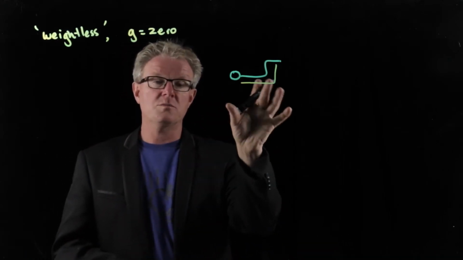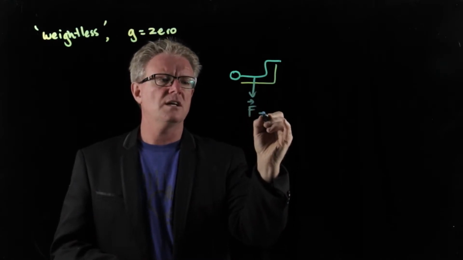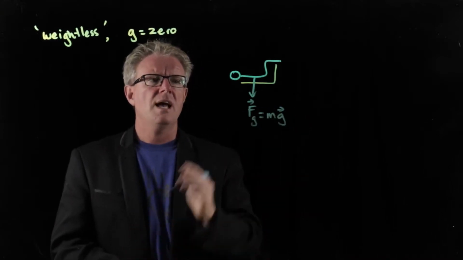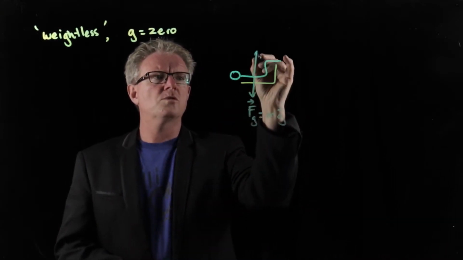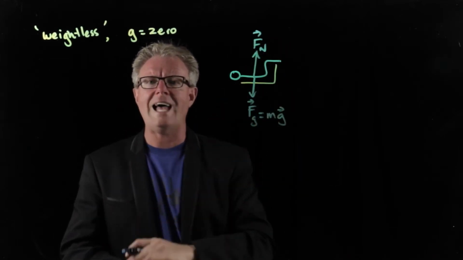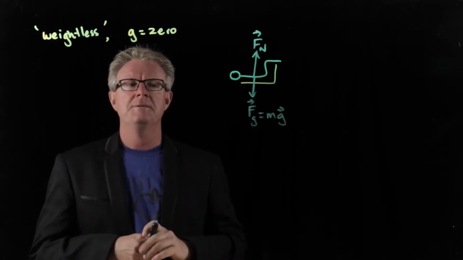So under normal circumstances, on the ground here, you'll have Fg, mg like that, and then you'll have the normal force going upwards on you, and it's that normal force acting on you that makes you feel like you have a certain weight.